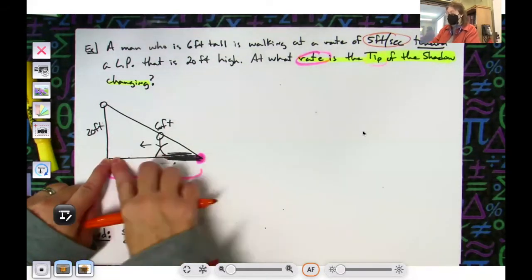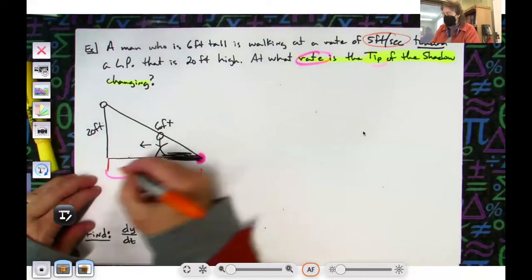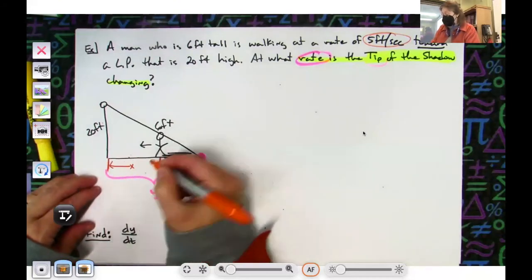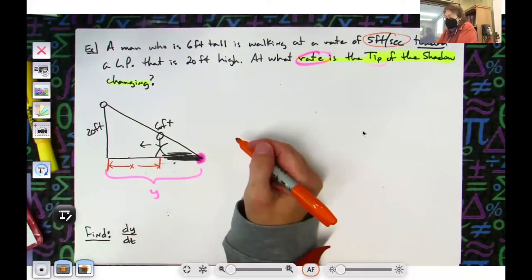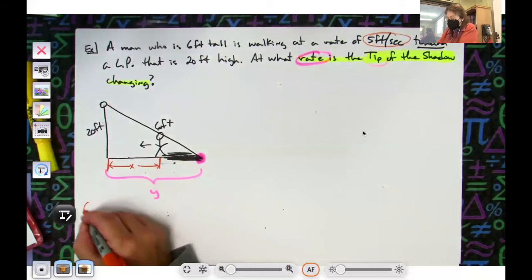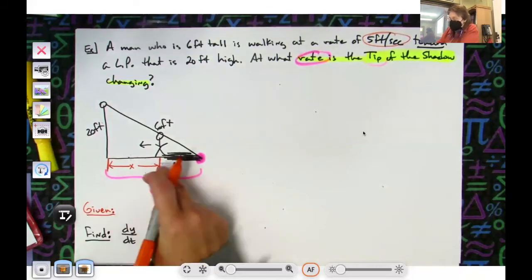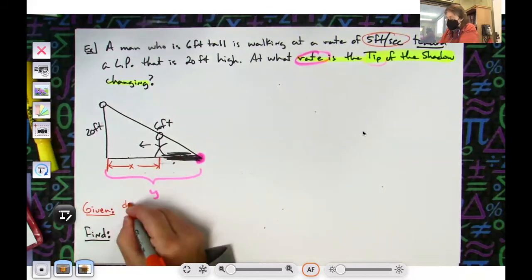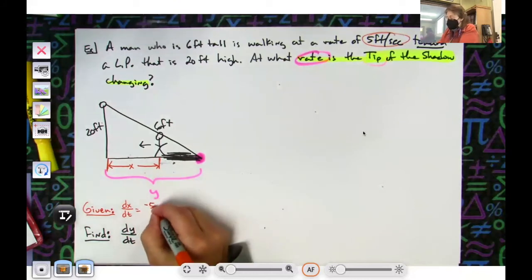That's this distance in here, from here to here. We can call it x. You can call them anything you want. So there's my x, and I was given that rate as dx/dt. Since he's going towards the light pole, it's negative 5 feet per second.